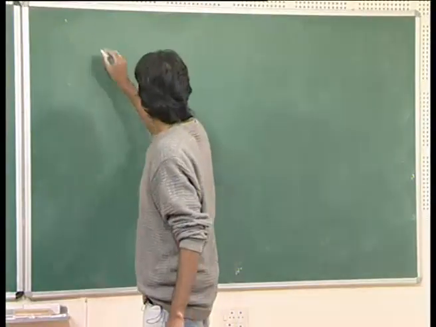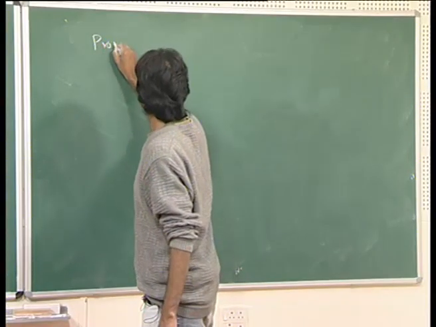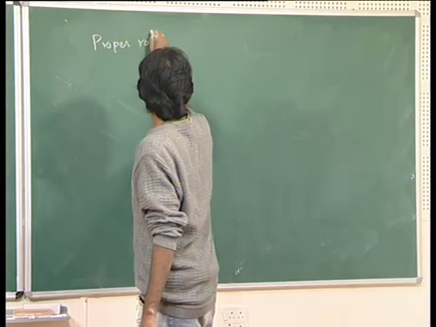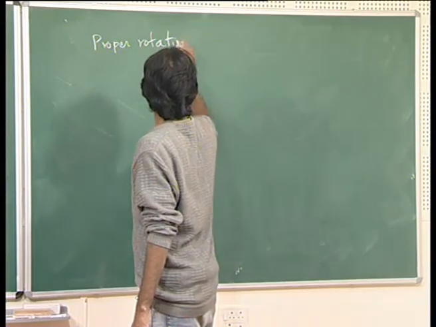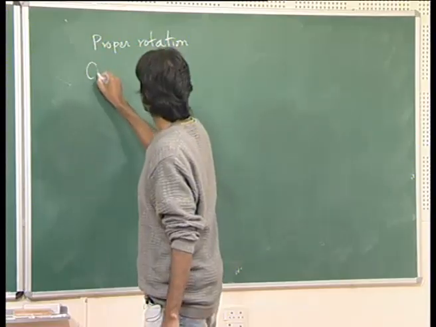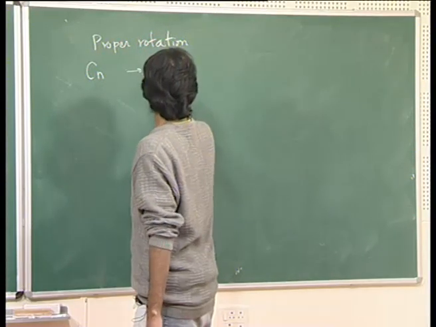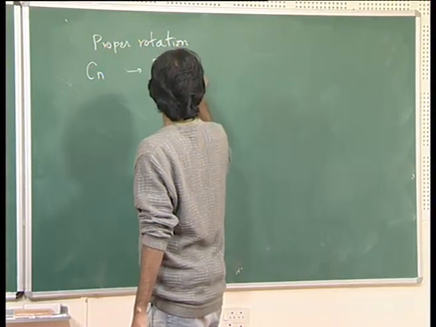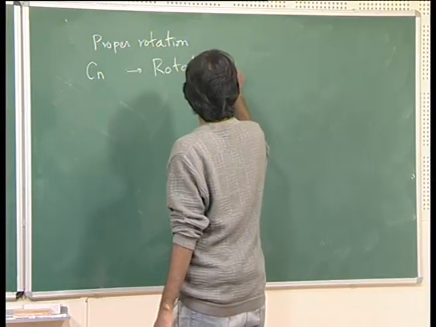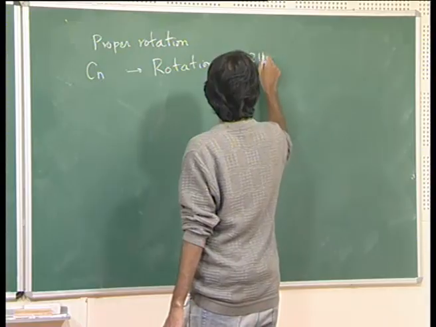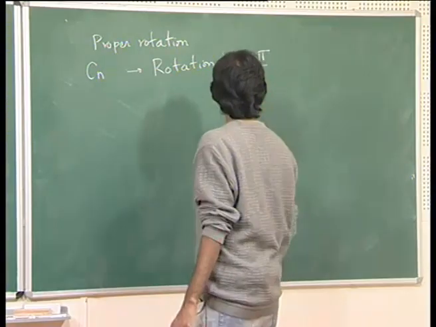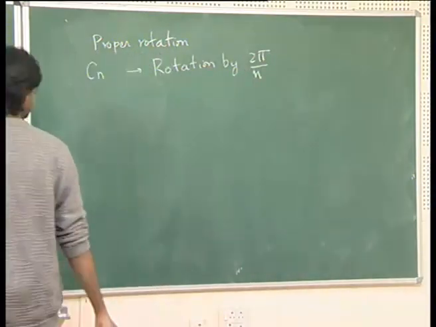So proper rotation. Cn means rotation by an angle 2 pi by n.